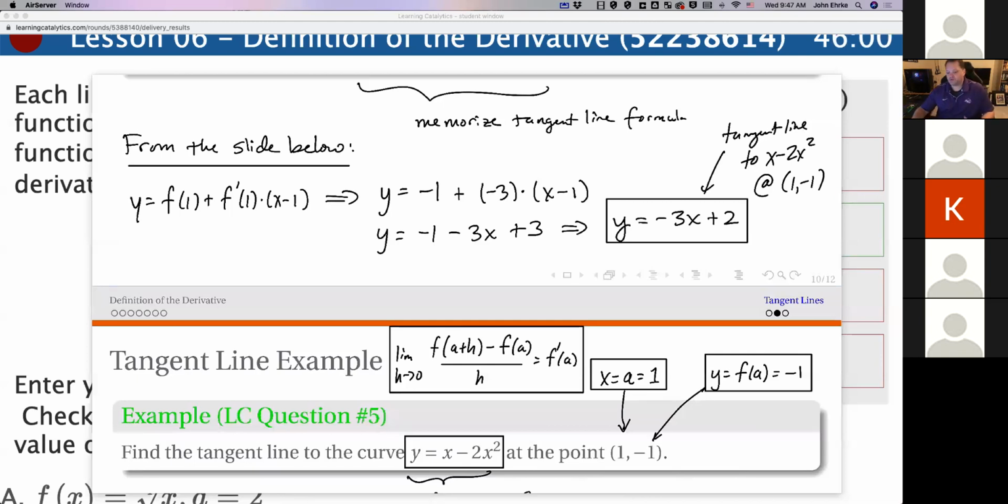And this sort of brings us full circle to answering the question we started the course with, which is, how do I calculate the tangent line at a point? And this is a big moment in this course because we have the ability to do this now for any function at any point, so long as the derivative limit is defined there. So we have a repeatable way of finding tangents.